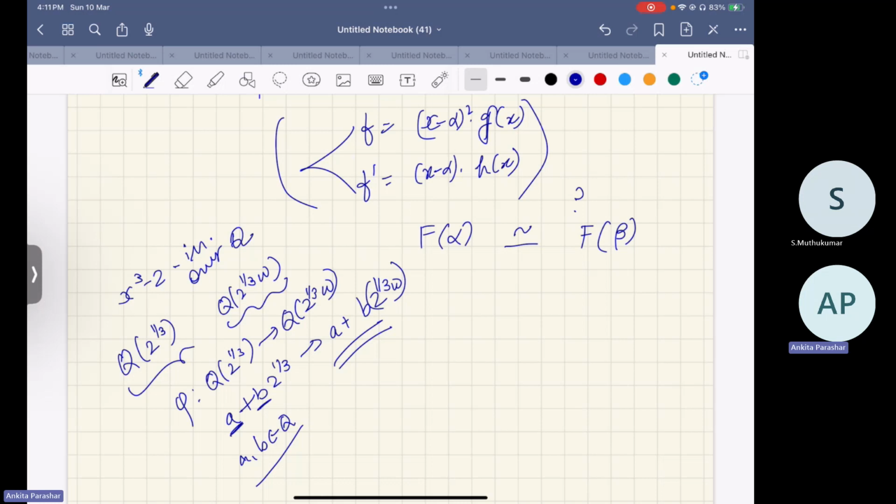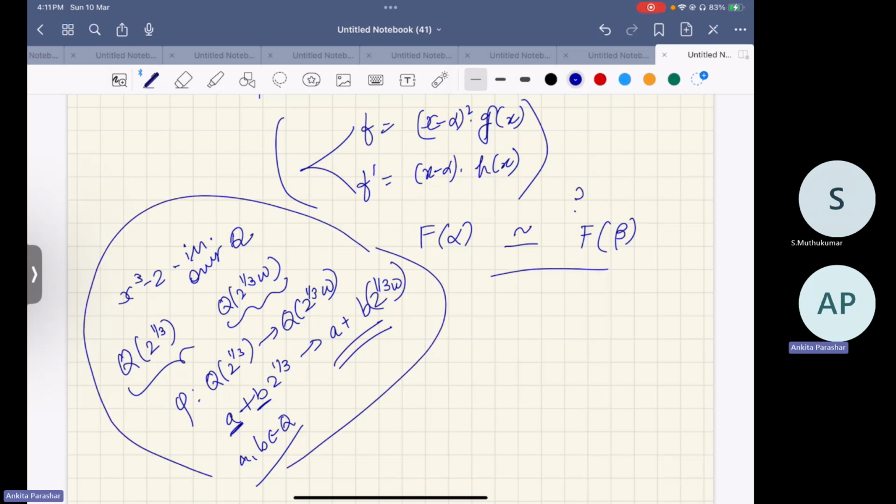Once you attach a root of the same polynomial, as long as your polynomial is the same, you can map root to root, and you will have an automorphism. This is how we write the Galois automorphism: we map roots to roots. And our base field is always fixed, just like Q is being fixed here.